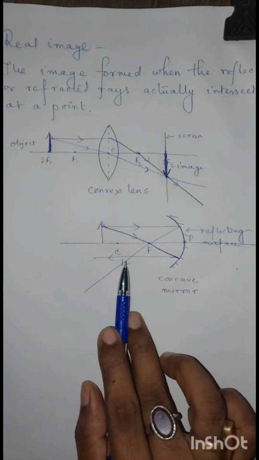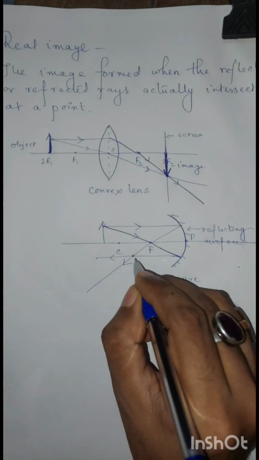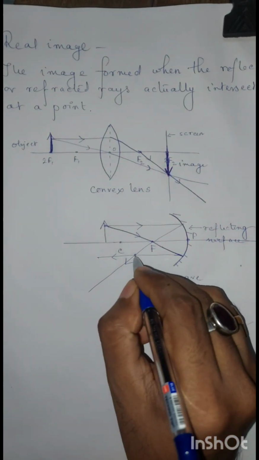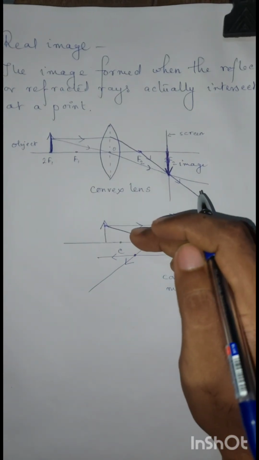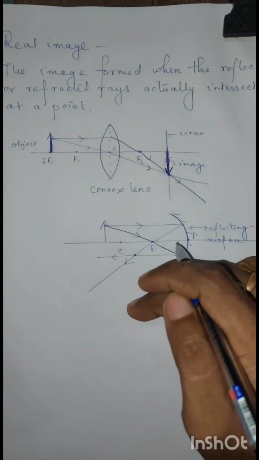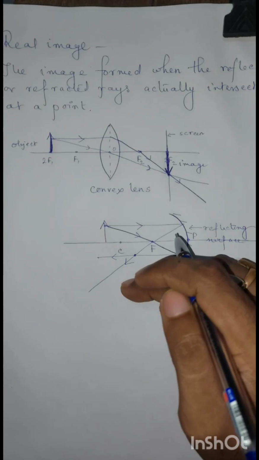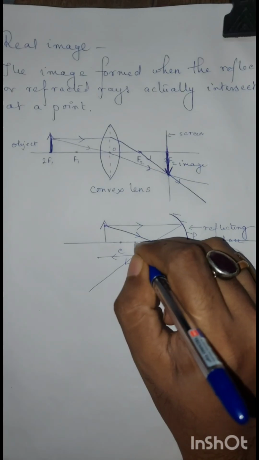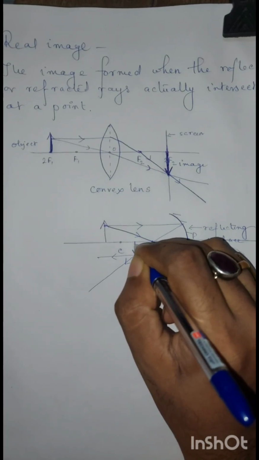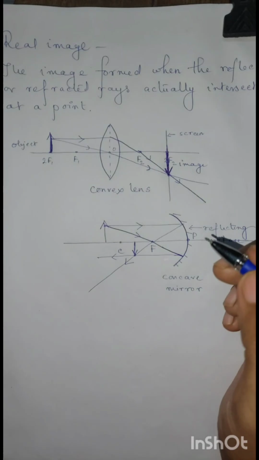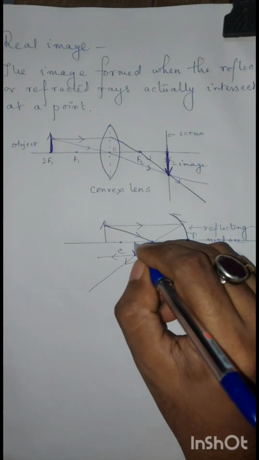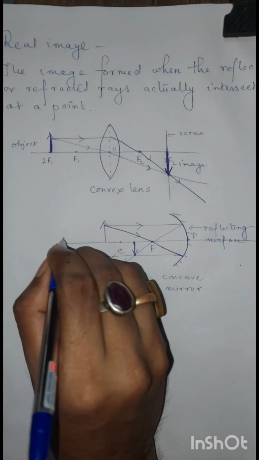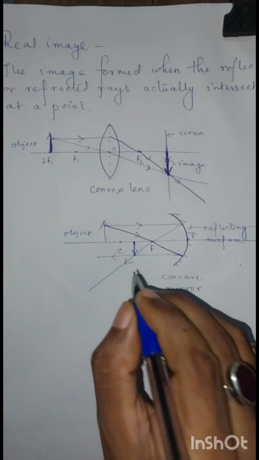After reflection at a specific point, they intersect, we can see. So this is the point of intersection where if we put a screen, we shall get an image of this object. So this is our object, this is our image.